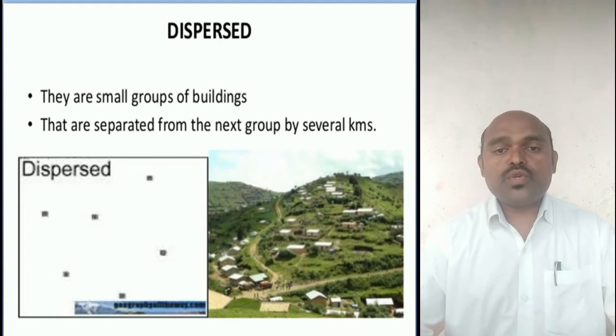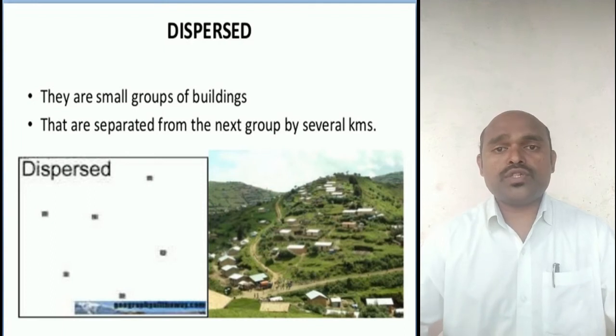But earlier this situation was not there. There was a distance between two houses of around half a kilometer or 1 kilometer. Nowadays we do not find such a situation.